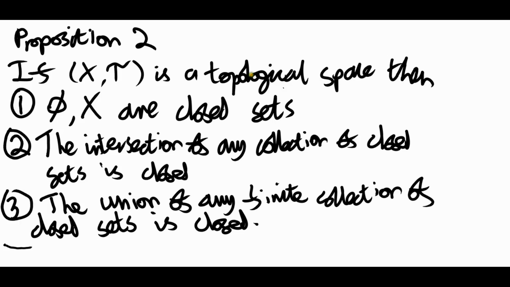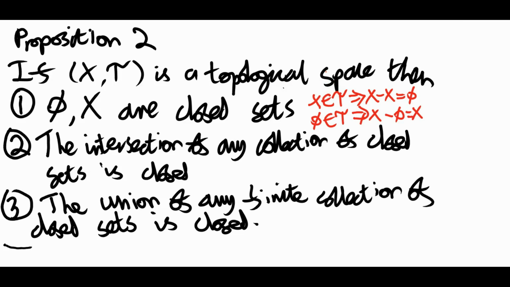So if X is in tau, then that implies that the complement of X, which is equal to the empty set, is closed. And there we have it. Similarly, we also had as part of our definition that the empty set is an open set, and so the complement of the empty set, which is equal to X itself, must be a closed set.